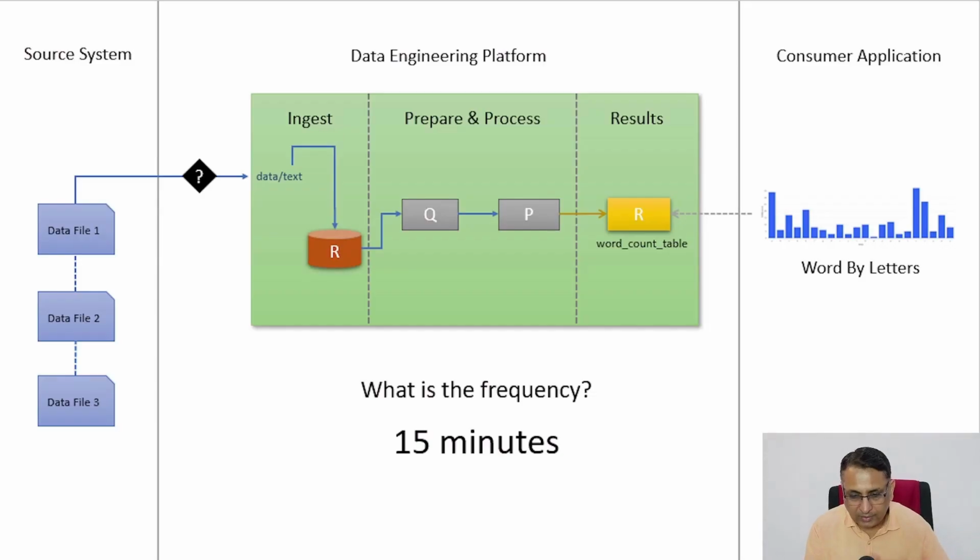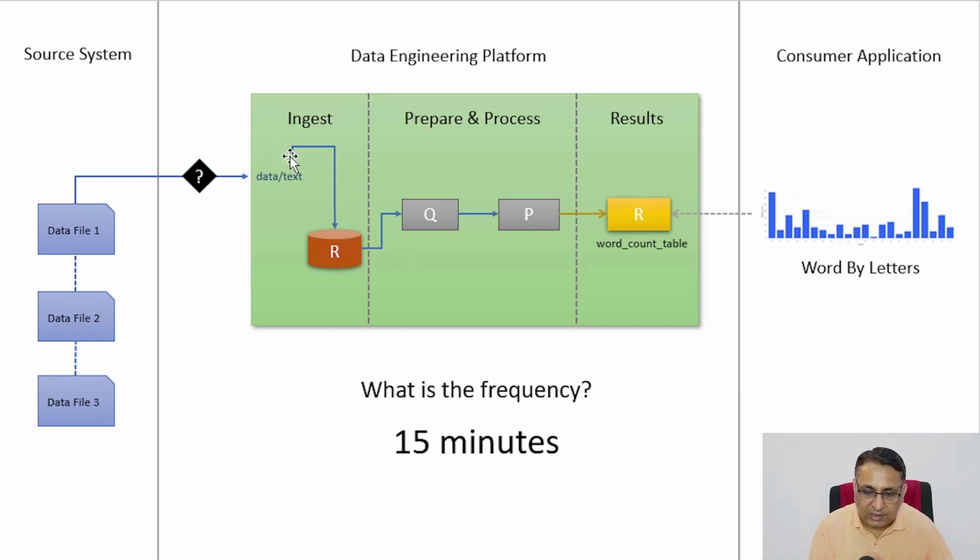So let's get started. Okay, so let me start with the problem definition and solution overview. We want to build a word count application. Simple. So we have a landing zone here, data/text. This is our landing zone directory. We will ingest data files in this landing zone directory, and our application starts from here onwards, right?